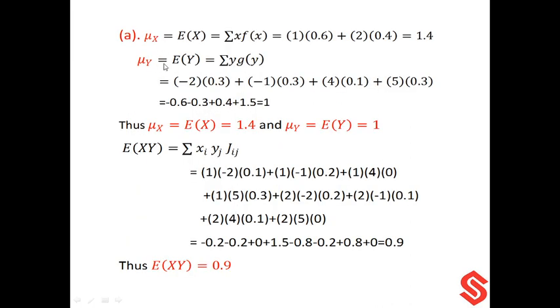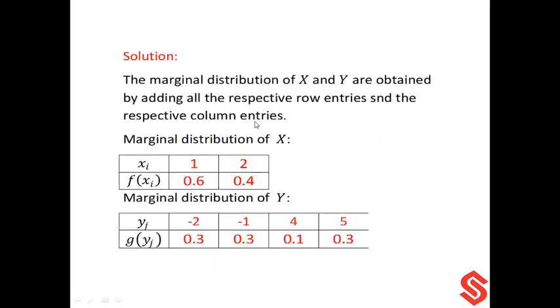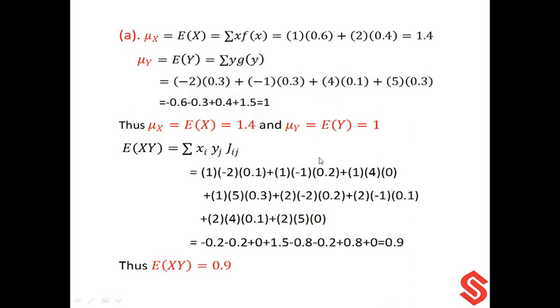Next, A, expectation of x, mu x, that is equal to E of x. It is defined as sigma xi f of xi. So we substitute x1 f of x1 plus x2 f of x2: 1 into 0.6 plus 2 into 0.4, we get 1.4.